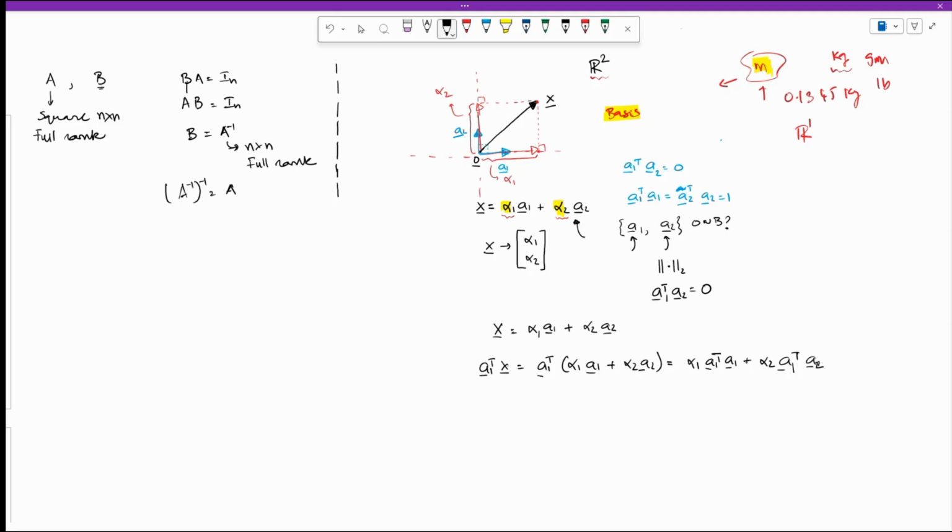And what is that equal to? That's equal to alpha 1, because this will compute to 1. What will this compute to? 0, because they're orthogonal to each other.